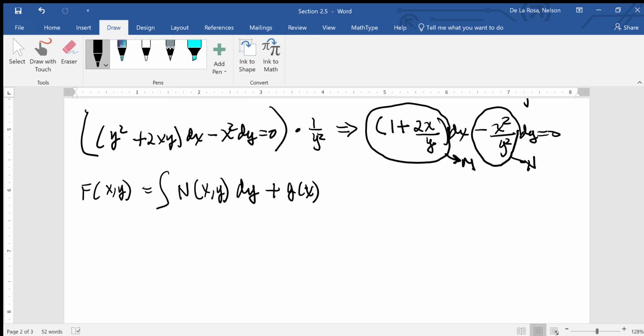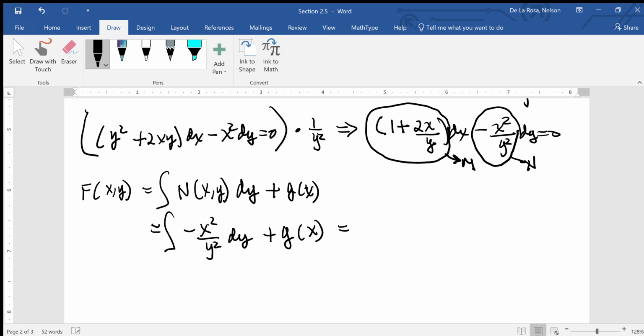So that's going to be the integral of negative x squared divided by y squared dy plus some function depending on x.